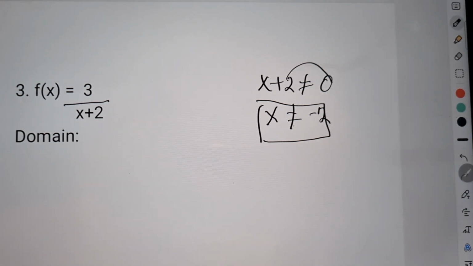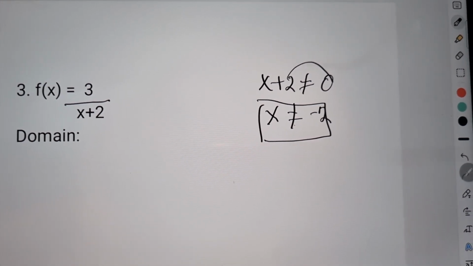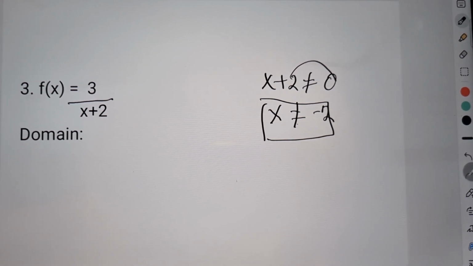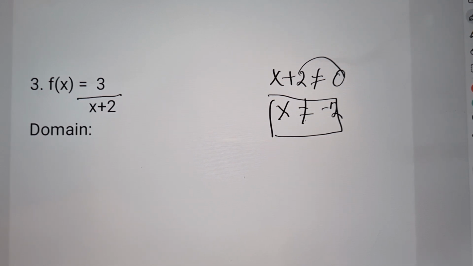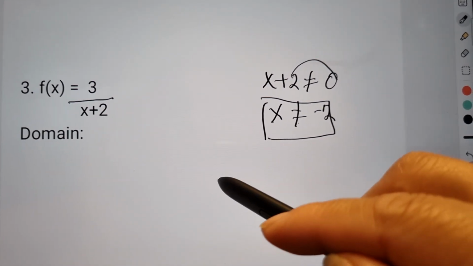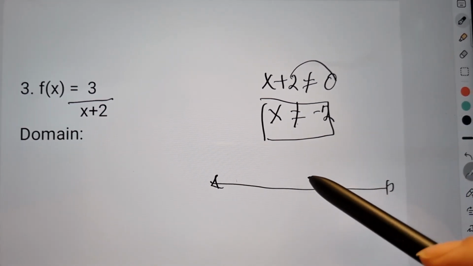Ibig sabihin dito, lahat ng numbers ay pwede nating i-substitute as value of x, which means lahat ng numbers pwede nating i-substitute as domain except negative 2 kasi magiging 0 siya. Okay? Now, since x lang naman ang concern natin, i-graph natin.